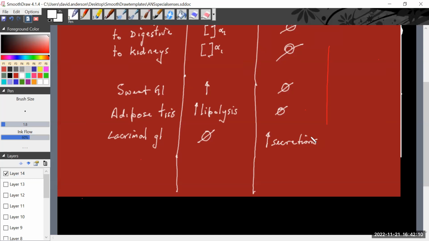Okay, so these are just some examples of how the two divisions of the autonomic nervous system target smooth muscle, that's all our blood vessels, cardiac muscle, the heart, the airways, again, smooth muscle, sweat glands, lacrimal glands. We didn't really talk directly about the salivary glands, but let's put them in because some of us will recognize this.